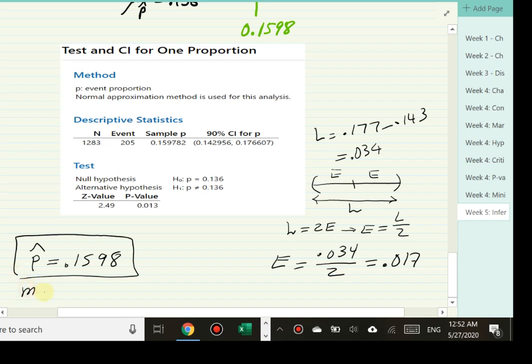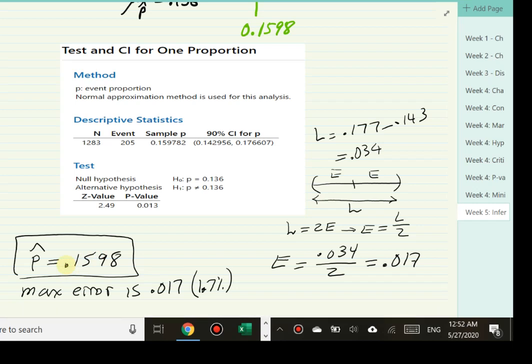Okay, the maximum error of that estimate is 0.017, as a percent, 1.7%. So we are off by no more than 1.7%. So the estimate of the percentage this year of those substance users is about 16%, with a maximum error of about 2%, 1.7 to be more exact.